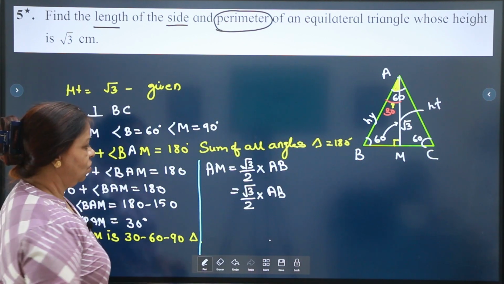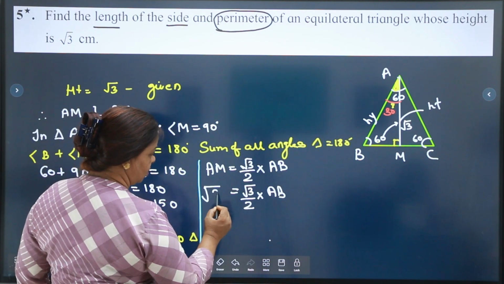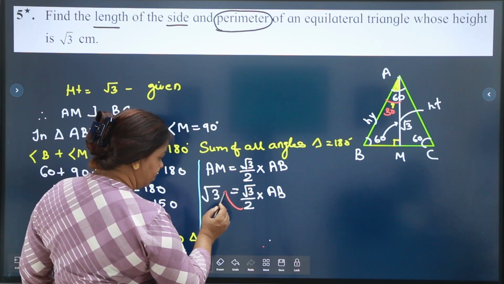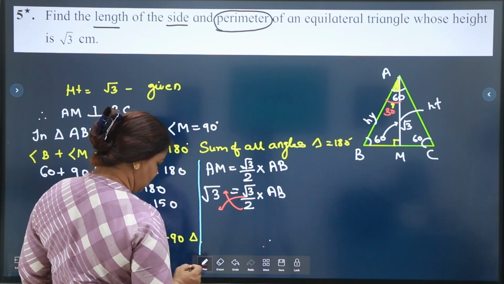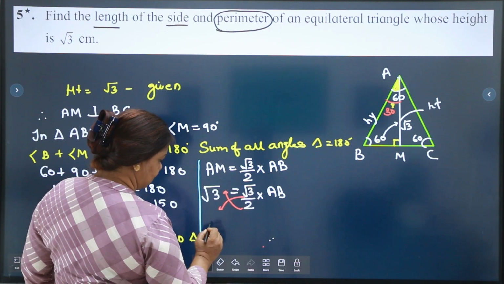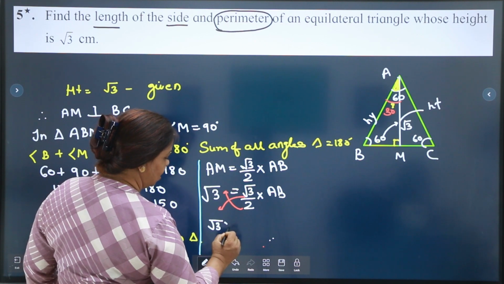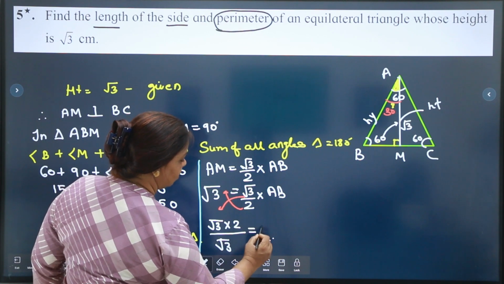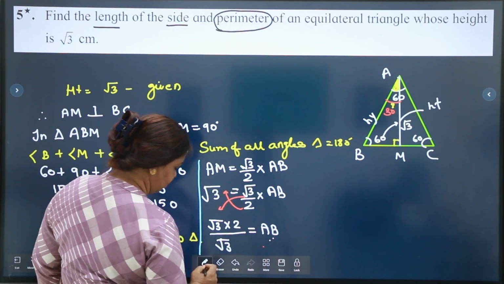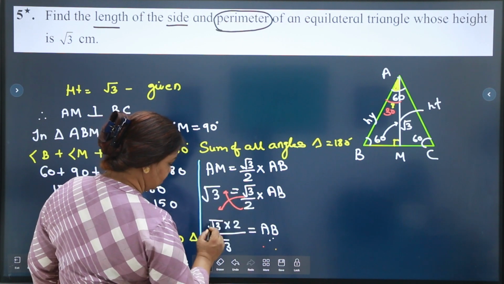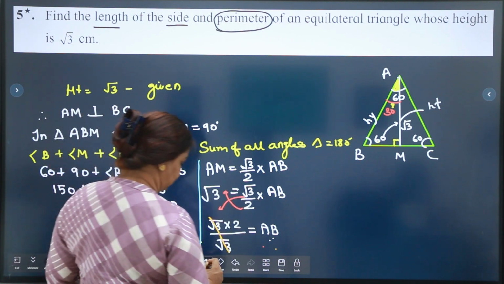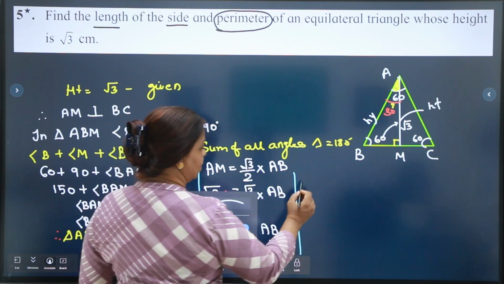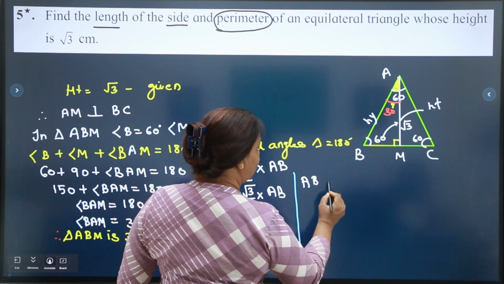So I'll be shifting 2 up and root 3 down. What will I get? Root 3 into 2 upon root 3 is equal to AB. Root 3 cancels. Then AB is equal to 2.